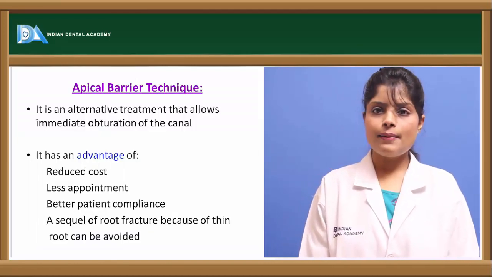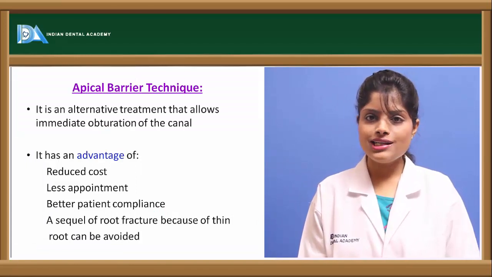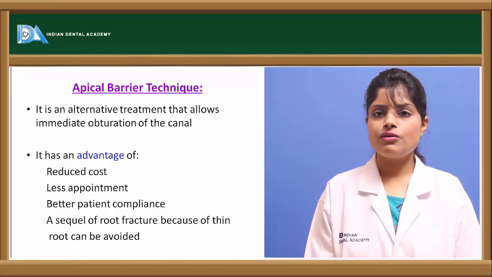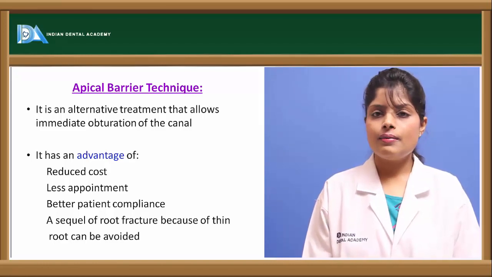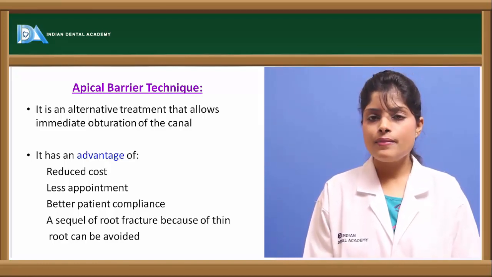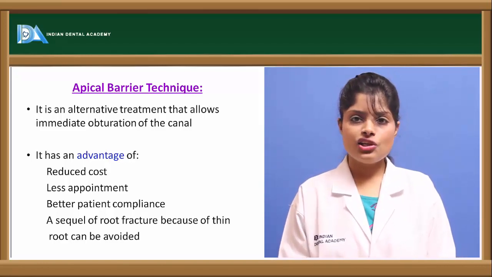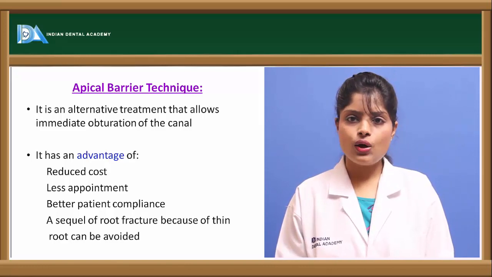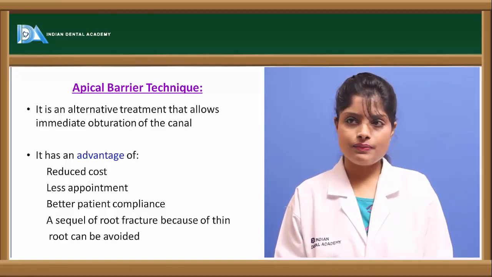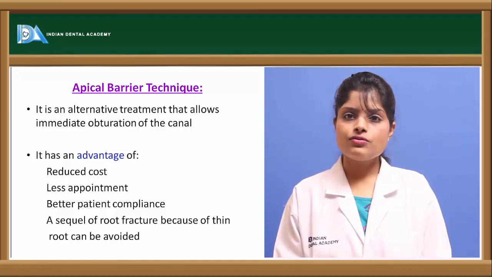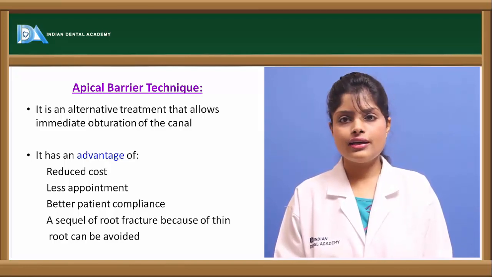Now coming over to the apical barrier technique, the various medicaments which are used are MTA, which is one of the most popular materials. MTA is also called mineral trioxide aggregate, which was discovered by Torabinejad in the year 1993 at Loma Linda University. It is an alternative treatment and allows for immediate obturation of the canal.